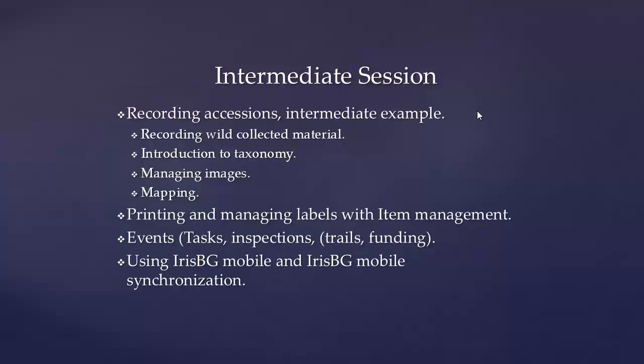We did some light work with tasks where we created a list of plants belonging to an exhibit, and then used that list to search for certain things. And finally, we created an inspection just to show you that as an example as well. We didn't have time to do the mobile sync, so we'll try to fit that in next session.